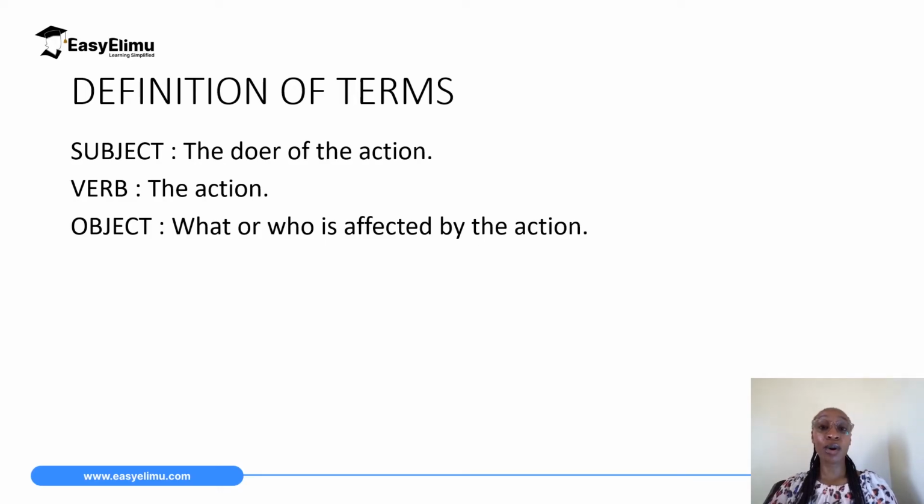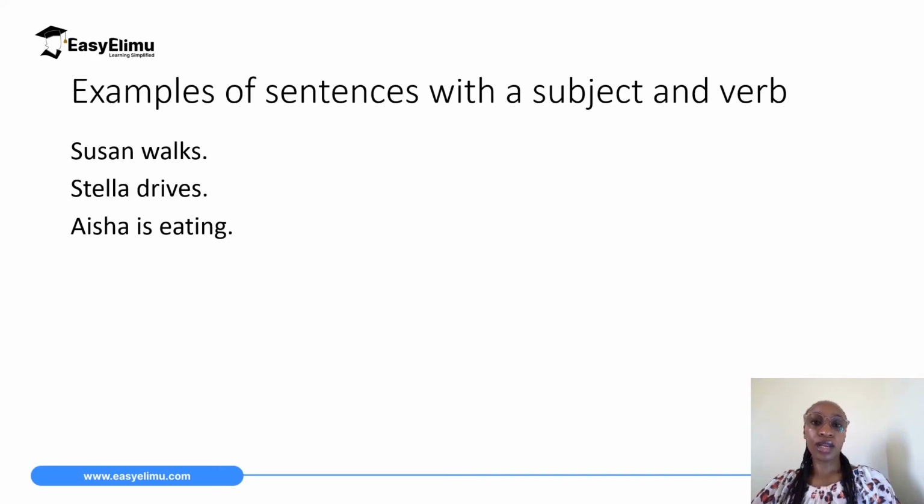And lastly, object is what or who is affected by the action. Susan walks to school. School in that sentence is the object. So for a sentence to make complete sense, it must have a subject and a verb.